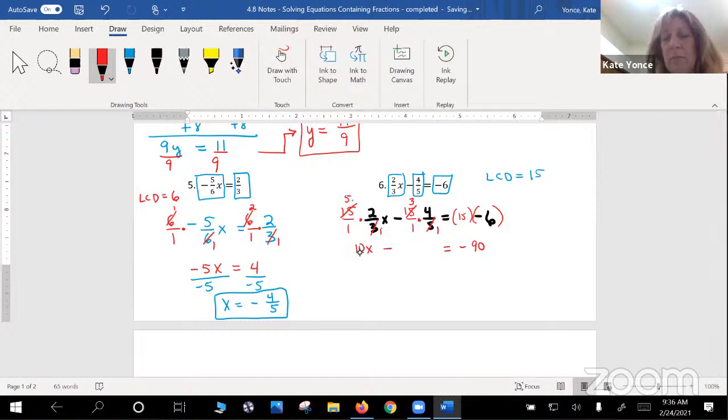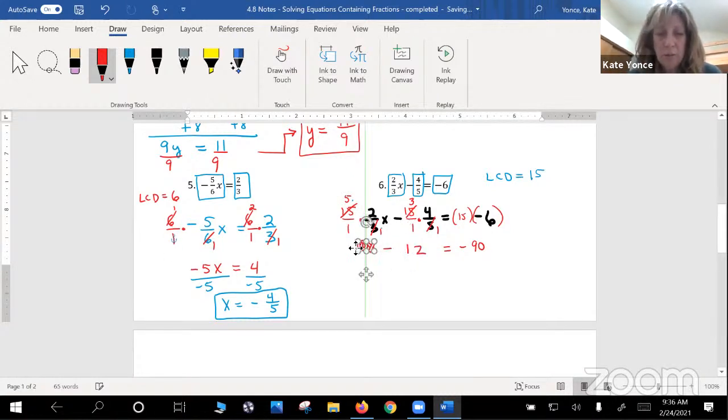And then -12. Look what a mess this would have been to try to solve. But on this very first step of multiplying everything by 15, no more fractions to worry about.